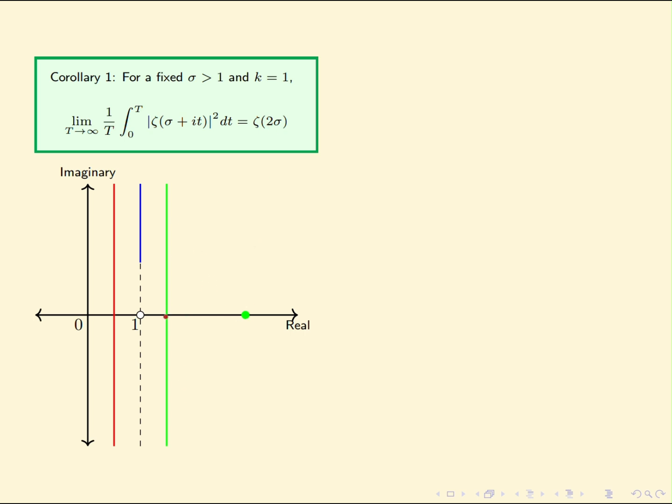In this diagram, the green line is on the line real part of s equals 1.5, and therefore the theorem and corollary say the average value along this line really is just zeta of 2 sigma, in this case zeta of 3. So it's interesting that you can relate the average value of a function along a line to another point of that function.